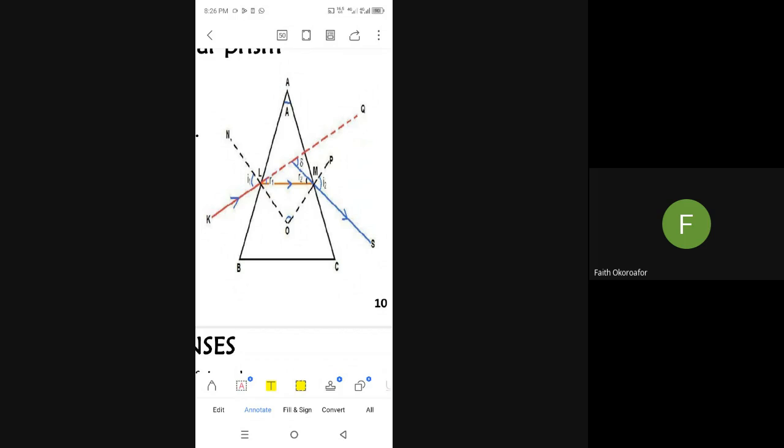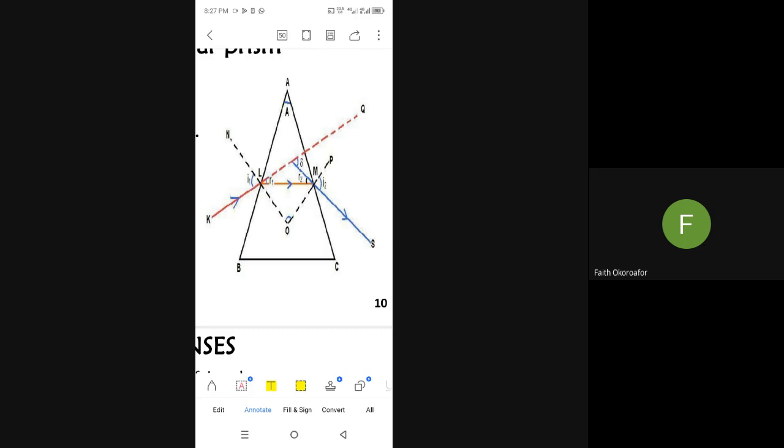Now, can you see R1 and R2, the yellow line? The yellow line is the refracted ray.